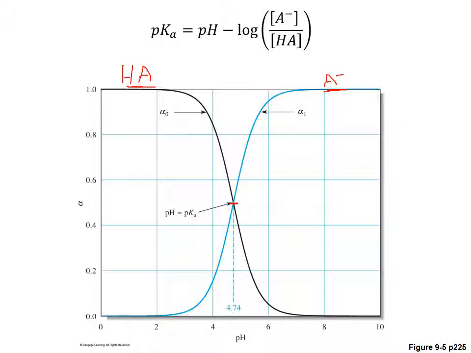This works particularly well when we have a pKa that's close to pH, so it's really good math for buffers. It's not as good for other types of systems where we have a drastic difference between these two species, A- and HA. Then it's better to use the original acid dissociation equation.